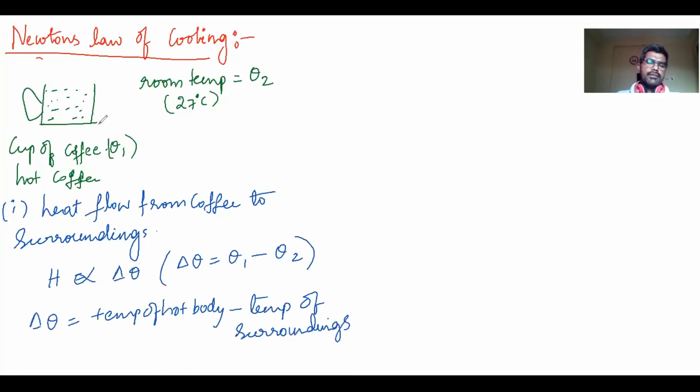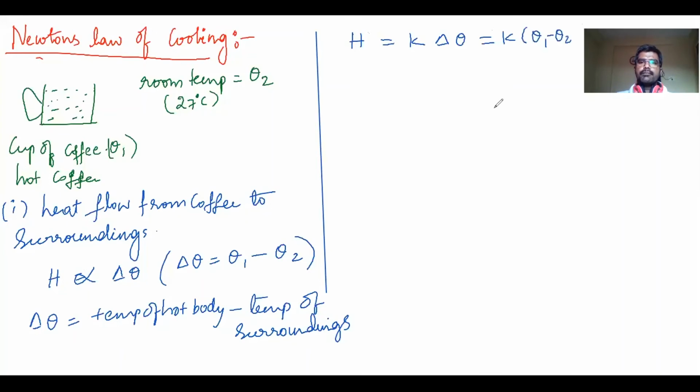If the temperature difference between the hot body and the surroundings is very high, in such cases heat transfer will be very large. So therefore I can simply write H is equal to K into delta theta, removing the proportionality constant, where delta theta is θ1 minus θ2.